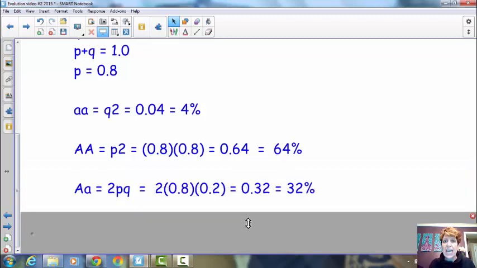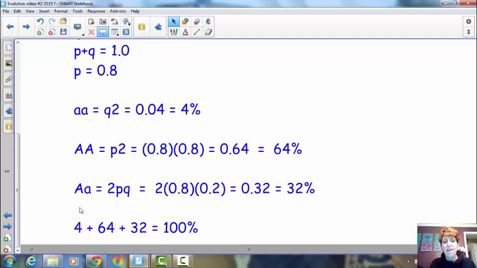So big A little a is equal to 2PQ, which is equal to 2 times 0.8 times 0.2. Multiply across, you get 0.32, 32%. If I have done all my math correctly, it should all add up to 100%, which is the entire gene pool. Everybody must either be homozygous dominant, heterozygous, or homozygous recessive.